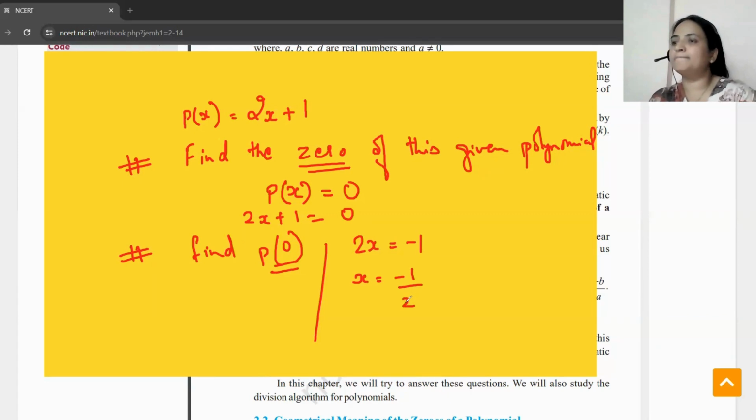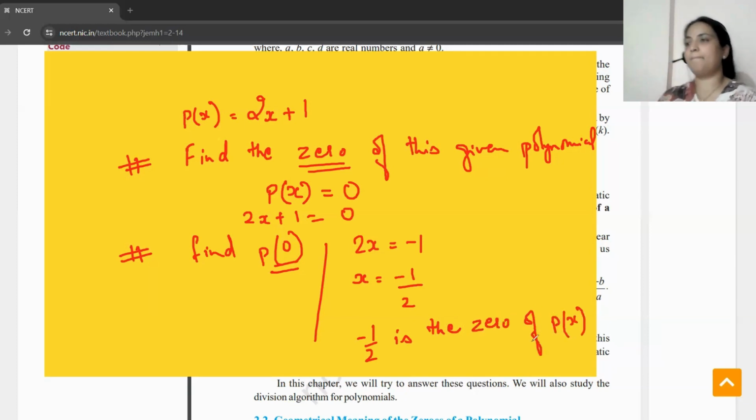Right or not? So we'll write here that -1/2 is the zero of p of x. Understood or not? Clear with it, everyone, or not?